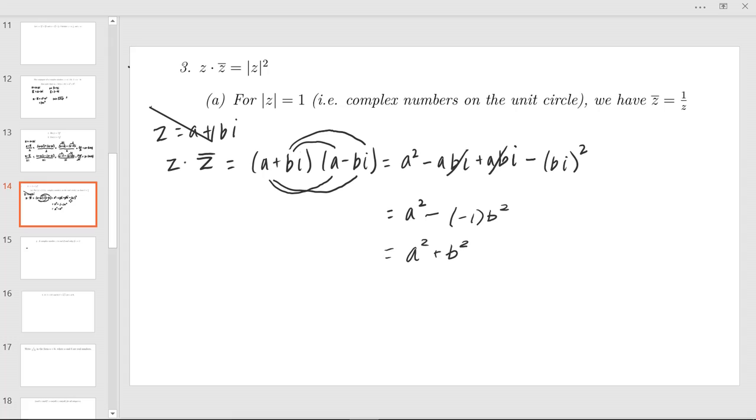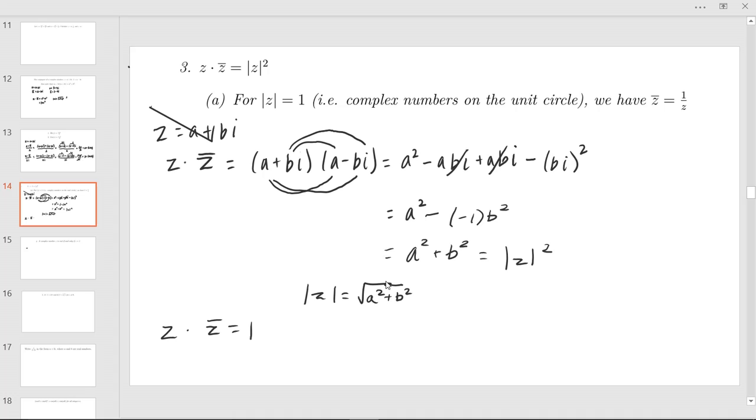Using the fact that the magnitude of z is the square root of a squared plus b squared, this is equal to the magnitude of z squared, as desired. Now, if the magnitude of z is equal to 1, then z times z bar is equal to the magnitude of z squared, which is 1 squared, which is 1. Dividing both sides by z, we have that z conjugate is equal to 1 over z.